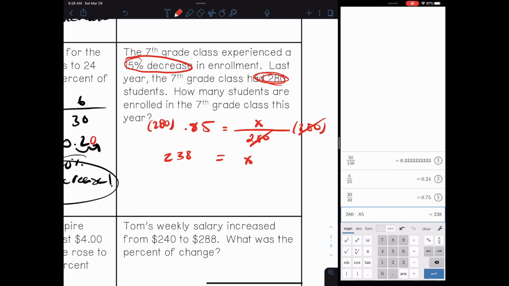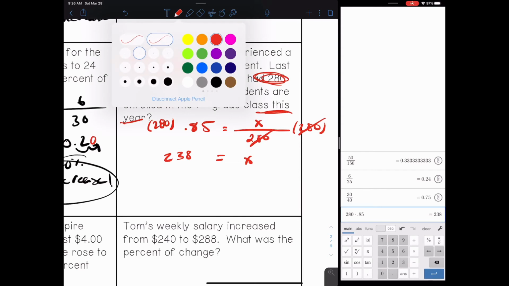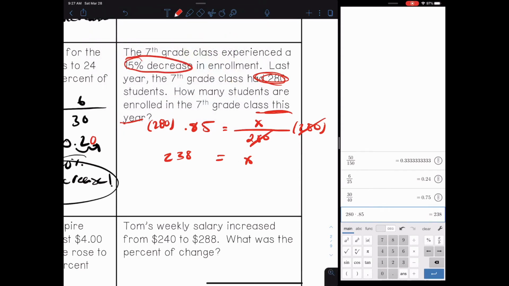So that's how much we started off with. Or sorry, that's incorrect. That's how much we finished with, right? How many students are enrolled in the class this year? So that's how much we ended up with. So 238 students this year.